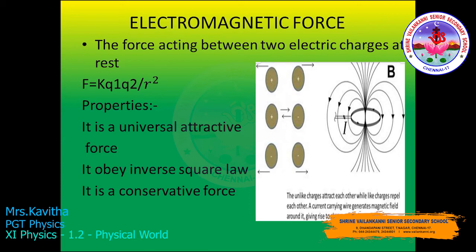It has some important properties, the same as gravitational force. It is a universal force of attraction and repulsion, and it also obeys the inverse square law. It is a conservative force.